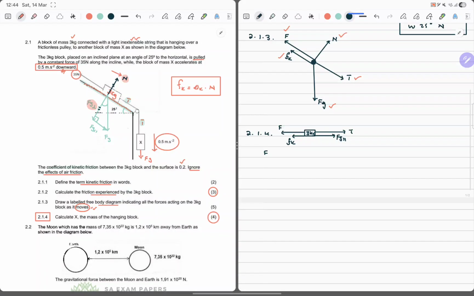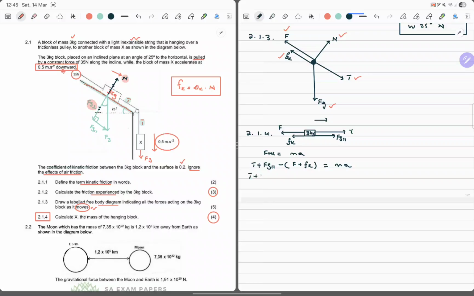We know that the resultant force is equal to ma. Let's not even think about it too hard. If we are moving in this direction, it means the sum of the tension and Fg parallel minus the sum of the applied force plus the kinetic friction must give us ma.